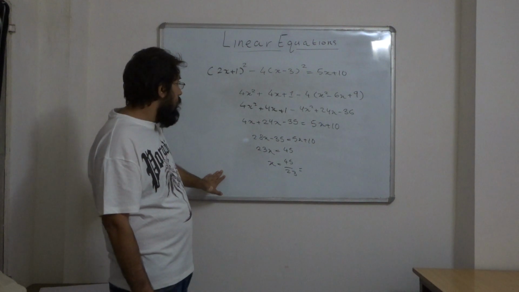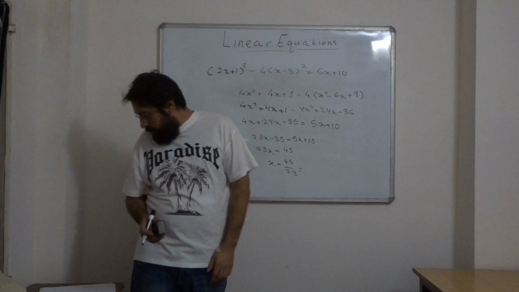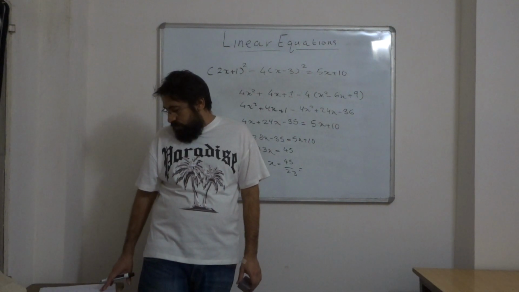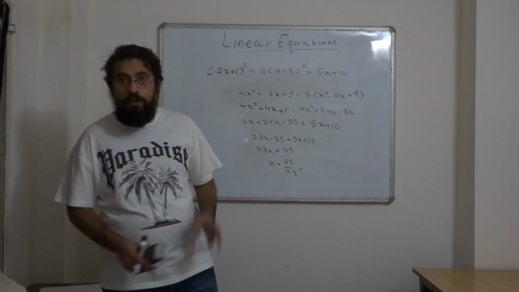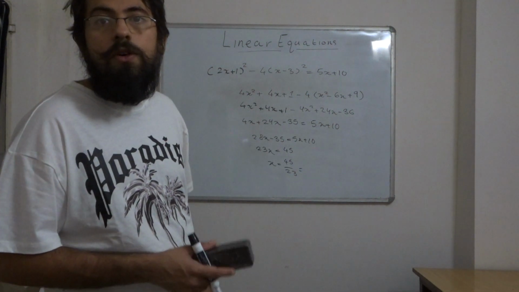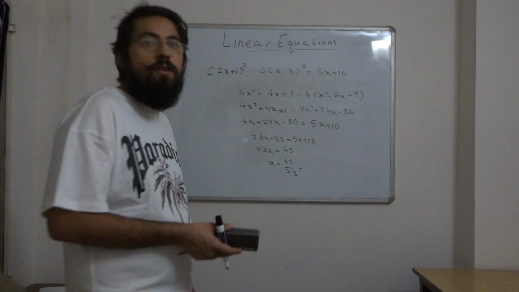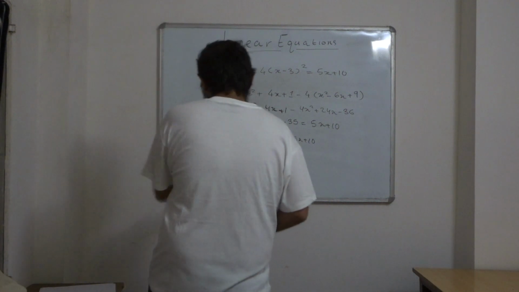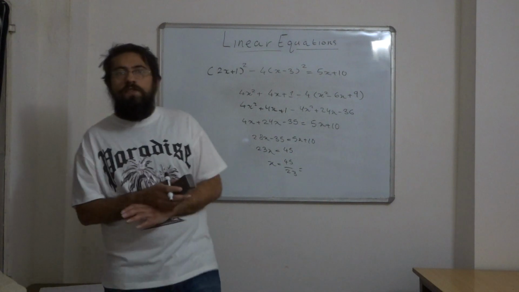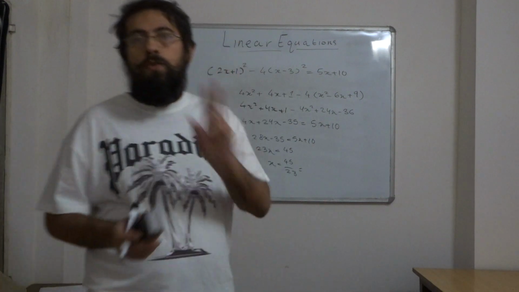Okay, so now we're gonna do one more question, just like this, using these two identities, and then we'll move on to the monstrous questions. So just take this down. Then it'll be the end of linear equations in one variable.